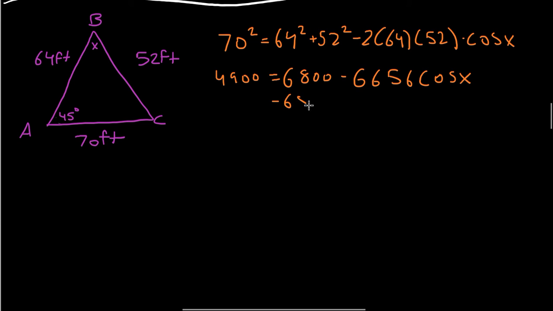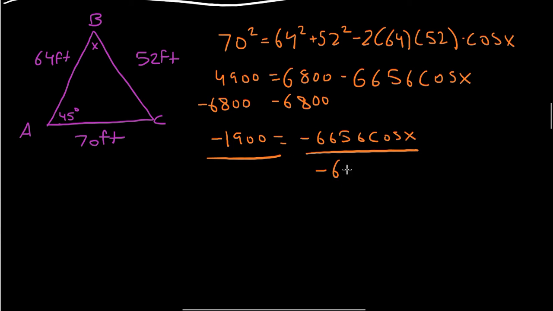So you subtract 6,800 on both sides, and you're left on the left-hand side with negative 1,900, and that is equal to negative 6,656 times the cosine of x.